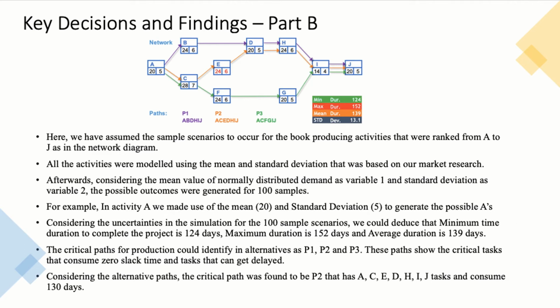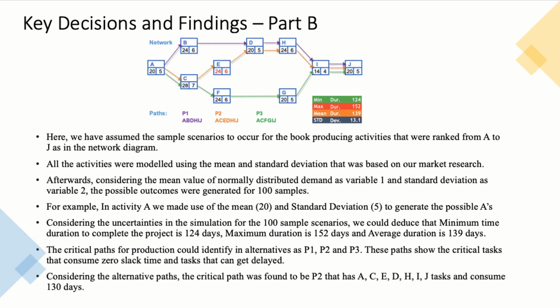All the activities were modeled using the mean and standard deviation based on our market research. Considering the mean value of normally distributed demand as variable 1 and the standard deviation as variable 2, the possible outcomes were generated for 100 samples.